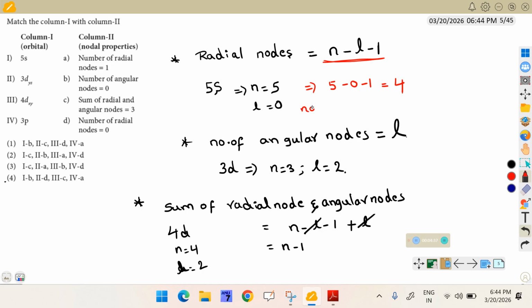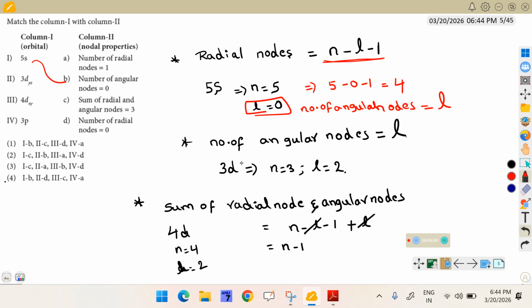Number of angular nodes equals l, and l value equals 0. So for 5s orbital, number of angular nodes equals 0.